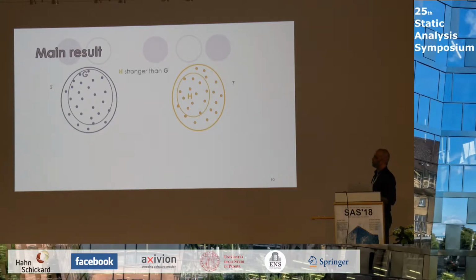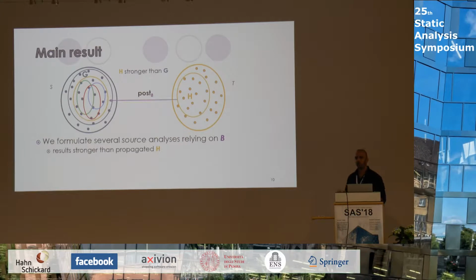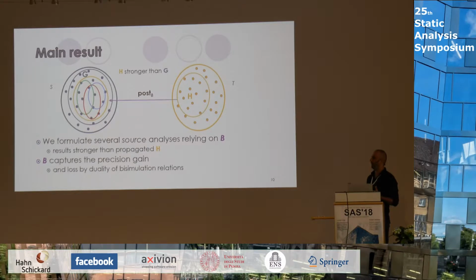If H is stronger than G, we formulate several analyses that work exclusively on the source program, and they utilize the bisimulation B. Those analyses are more precise than the propagated H. Since these analyses are completely defined on the source program and bisimulation, indirectly, the bisimulation captures the precision gain introduced by the transformation. Now, if H is weaker than G, that means that G is stronger than H. So by duality of bisimulations, we can essentially reverse the roles of source and target program and also explain the loss of precision.